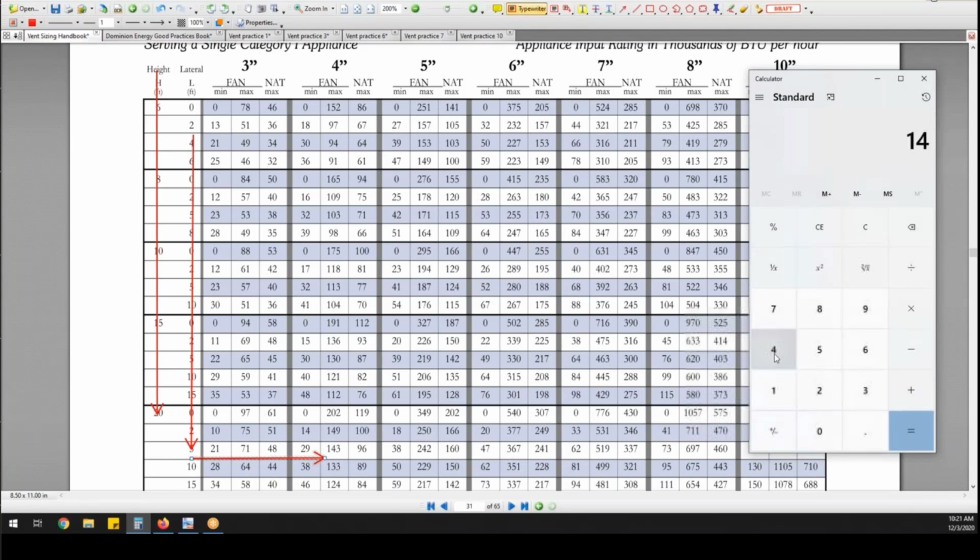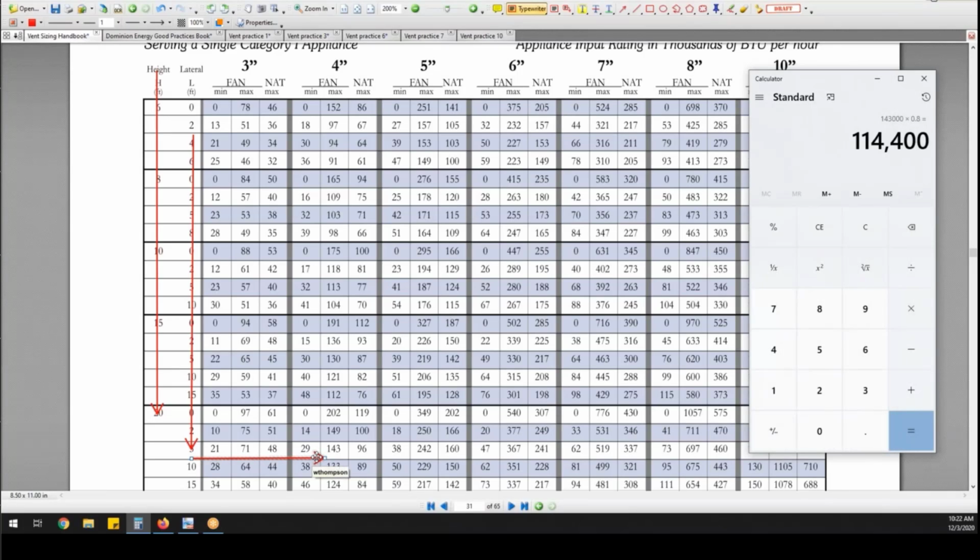So if I take 143,000 times 0.80, and that's basically just 100 minus the 20%, well, that'll still do 114,400 BTUs.